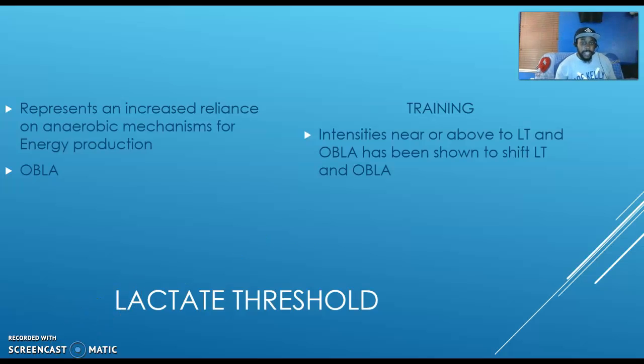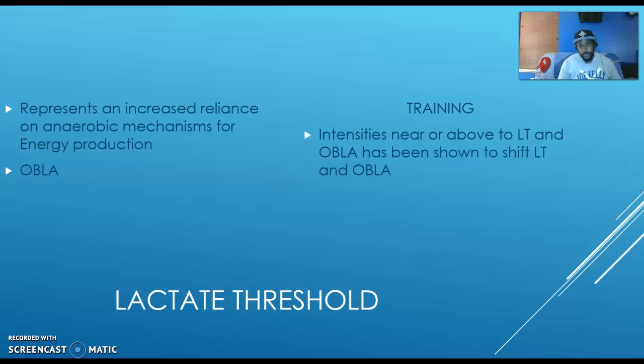So there's the lactate threshold, LT, and then OBLA, the onset of blood lactate accumulation, which is when intermediate and large motor units are recruited during increasing exercise intensities. These usually involve, like I said earlier, type 2 muscle fibers.